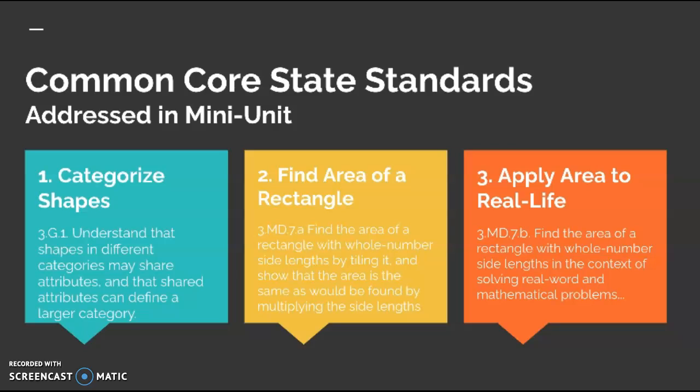Then in lessons 2 and 3, I will be looking at finding the area of a rectangle by tiling it and showing square units, and then applying that to real life, which would be the next Common Core state standard, where they move beyond tiling and find the area of a rectangle with whole number side lengths and put that into practice in a real world scenario.